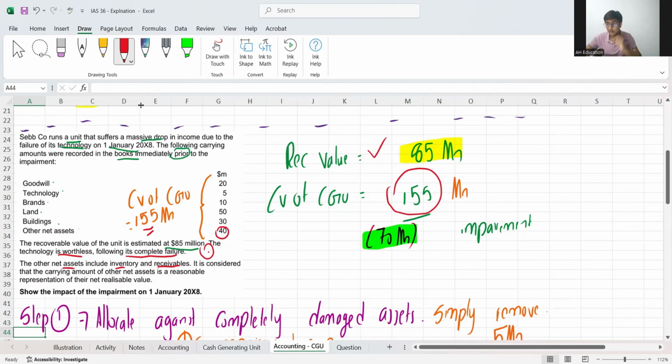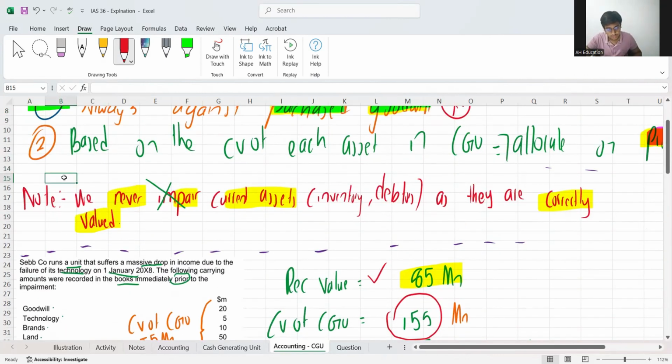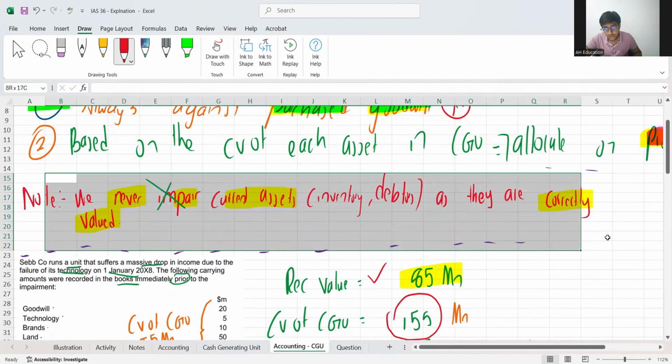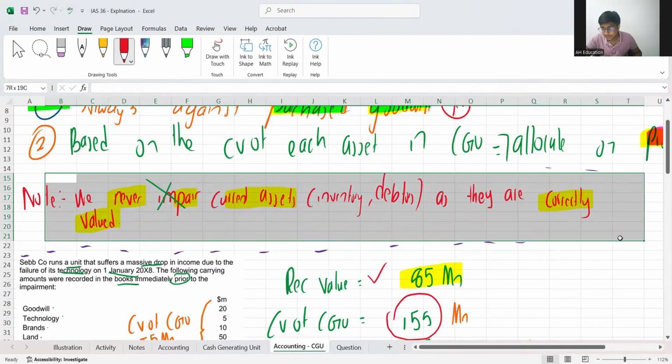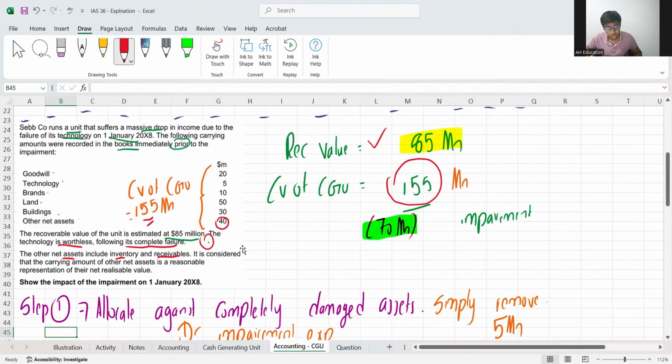Now remember, we learned a rule: we will never impair current assets, because they are correctly recorded. So you don't need to impair your other net assets, because they consist of inventory and receivables, which are your current assets.